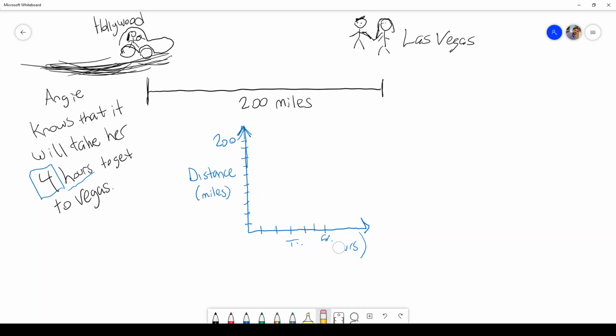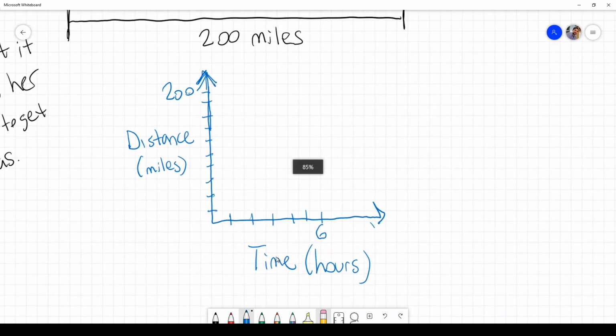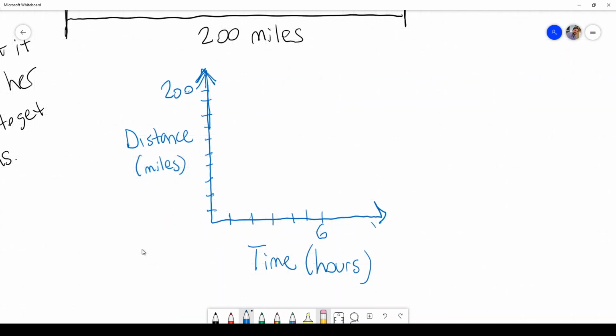Maybe I'll write time down here so you can see it. Time in hours, not 2 S's, 1 S. See, I can just go back and correct myself. And here is 6. So that's 6 hours. We'll zoom in on that just for a second, just so you can definitely see that. Okay. So we have 6 hours.